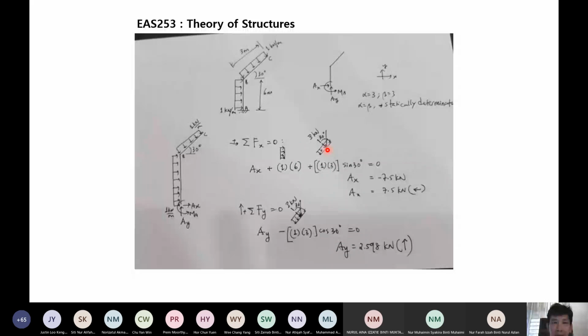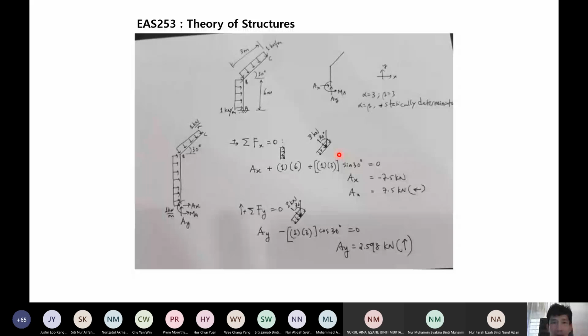And because it is acting perpendicular 90 degrees to this member, this is 30 degree, measured horizontally. So this angle here also becomes 30 degrees. Okay. So this is from the trigonometry that we consider, if this is 30 degree, which is coming from the question given to us.